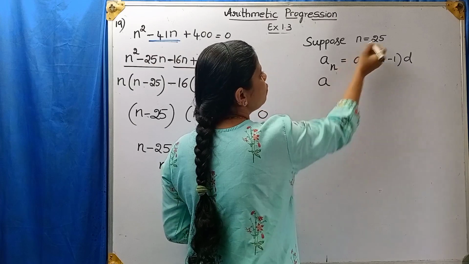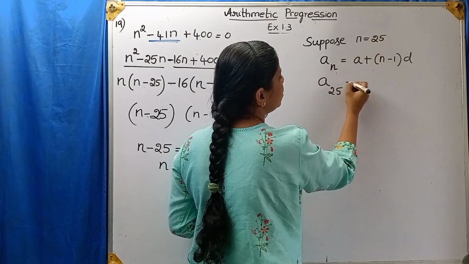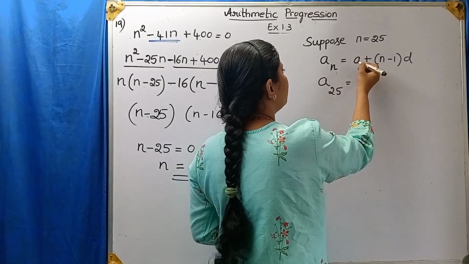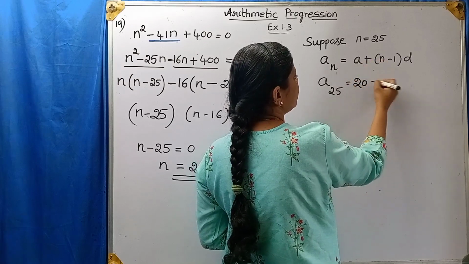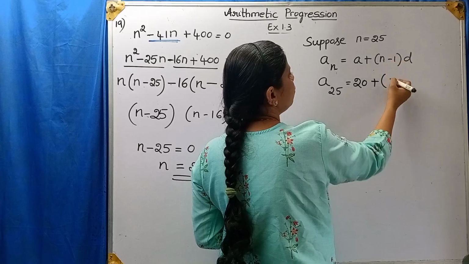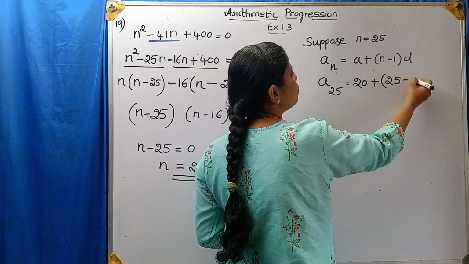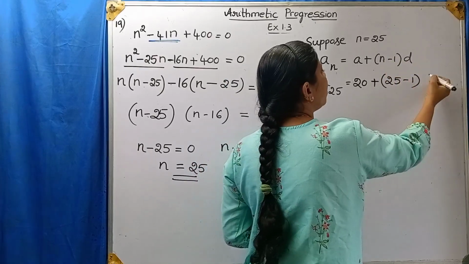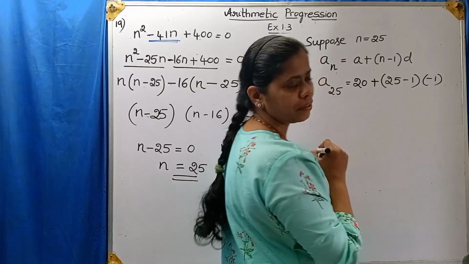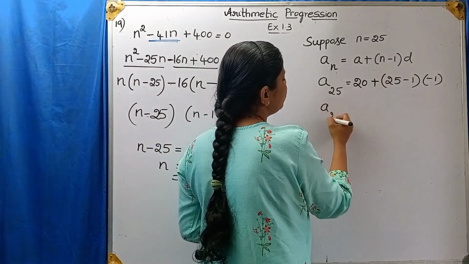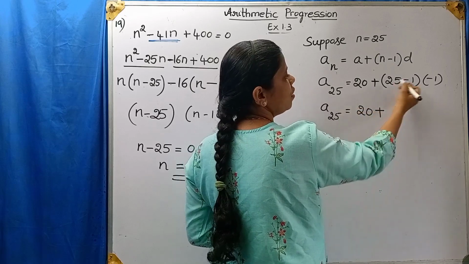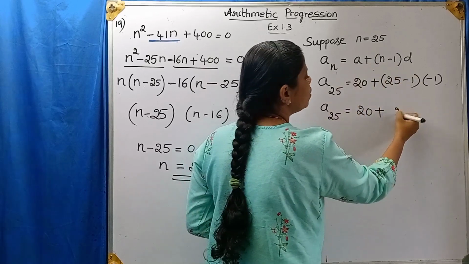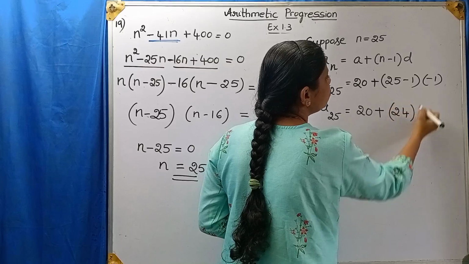In the place of n we have 25. a25 is equal to a. The value of a is 20 plus n. The value of n is 25 minus 1. d is minus 1. Right? Then a25 is equal to 20 plus 25 minus 1 is 24 into minus 1.